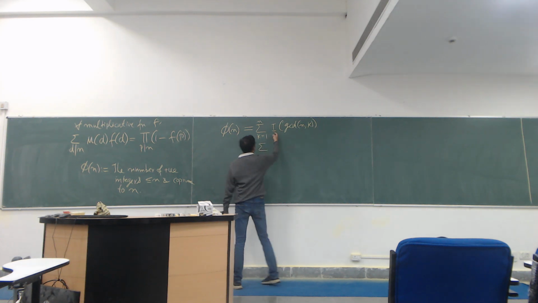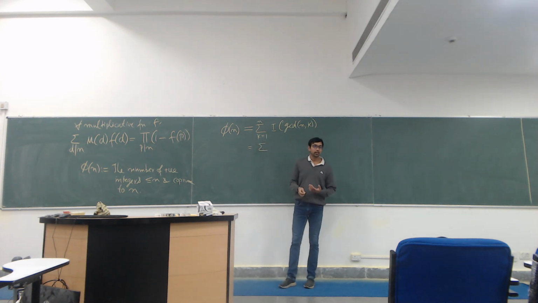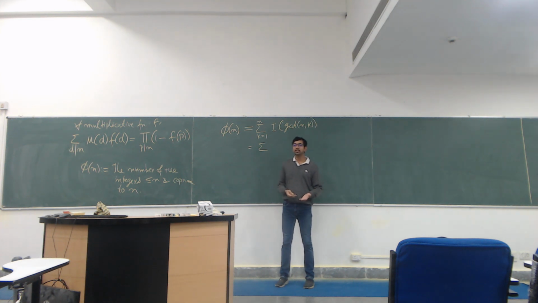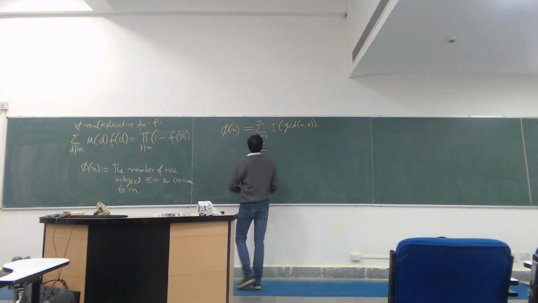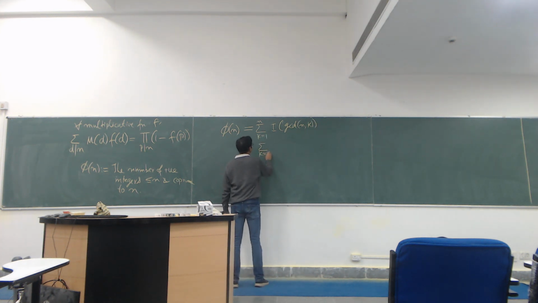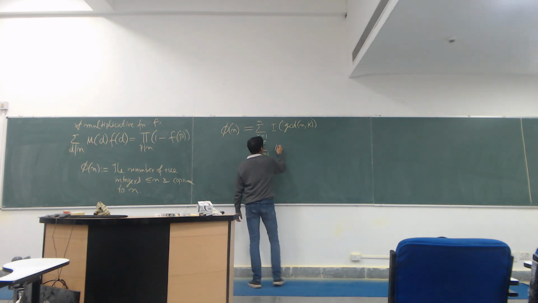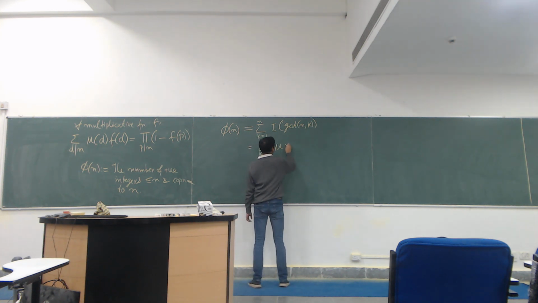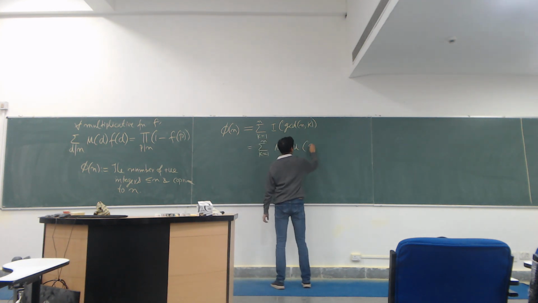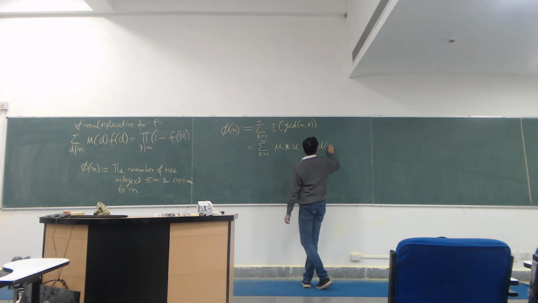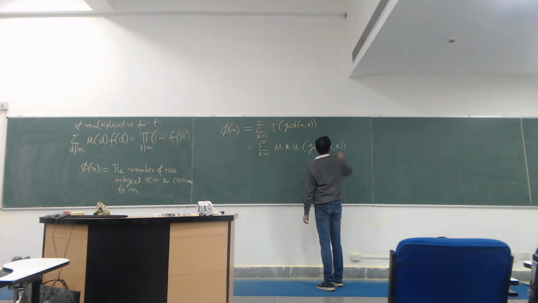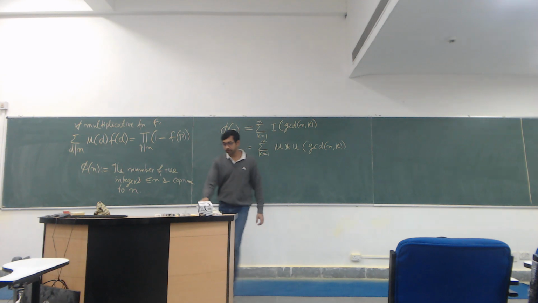Now recall, I was the convolution of mu and u, right? The Mobius function and the unit function. So this was mu star u of gcd(n, k), right?